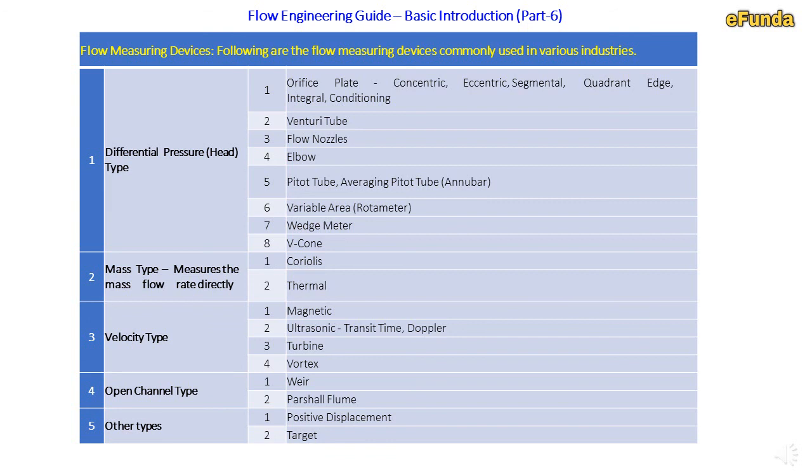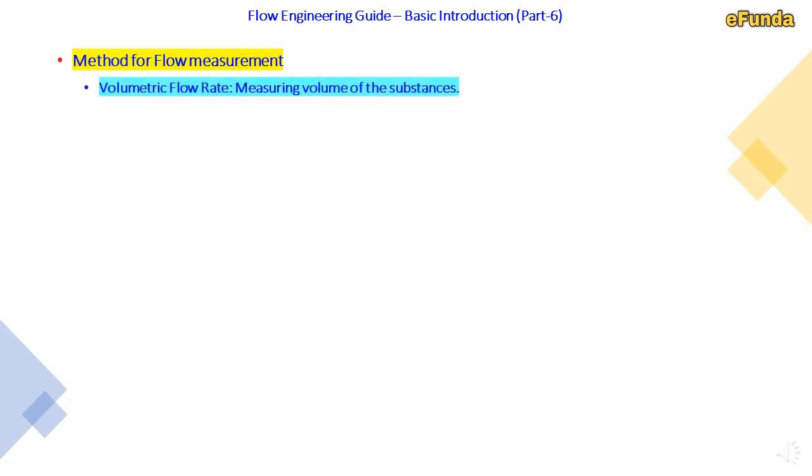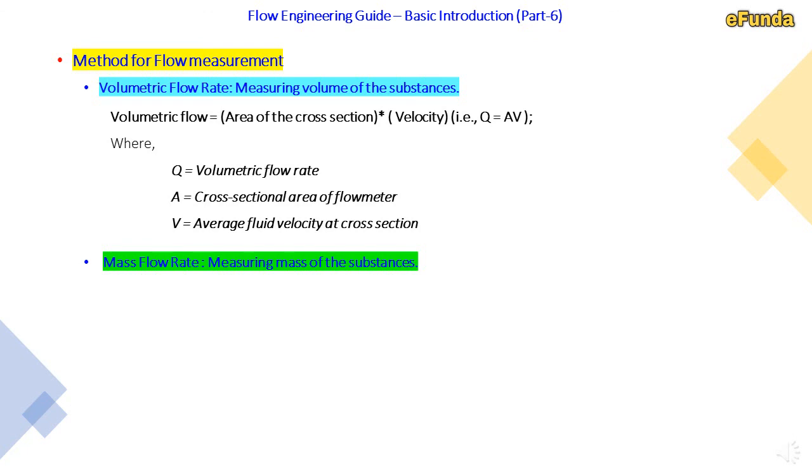for better understanding. In the basic introduction, we are moving on to methods of flow measurement, that is volumetric flow rate and mass flow rate. Volumetric flow rate measures the volume of the substance, and mass flow rate measures the mass of the substance. One can see in the equation volumetric flow, that is Q equals A times V, where A is the cross sectional area of the flow meter and V is the average fluid velocity at the cross section.